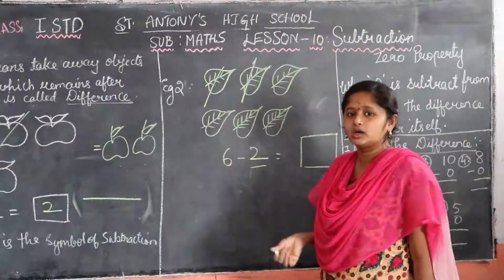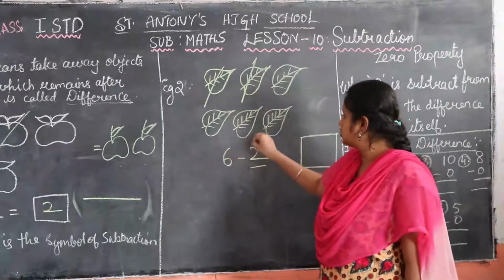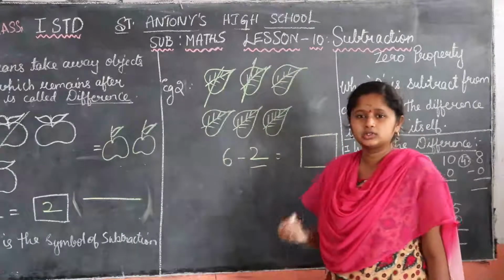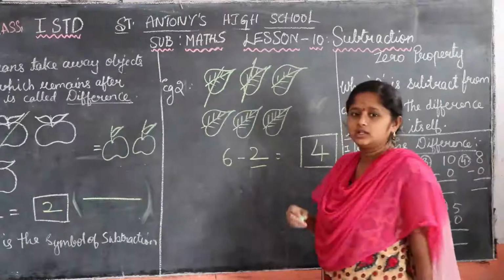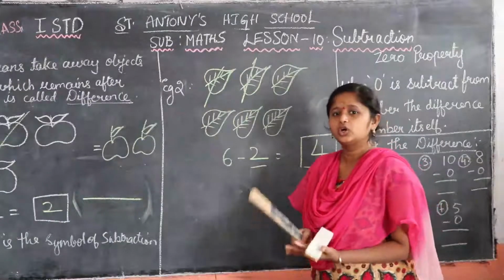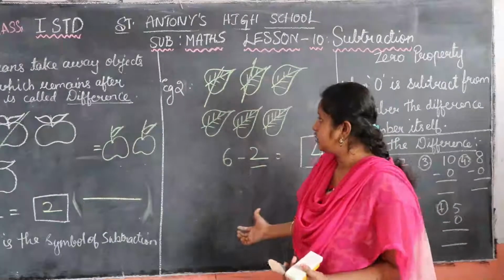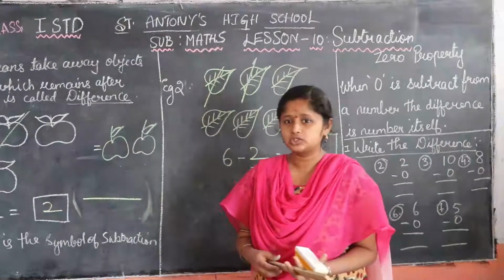So how many remain now? How much is left? 1, 2, 3, 4. So 4 are left, children. Still 4 more leaves you have to stick in your notebook. Okay, children. So this is the method of subtraction. Subtraction means what, children?